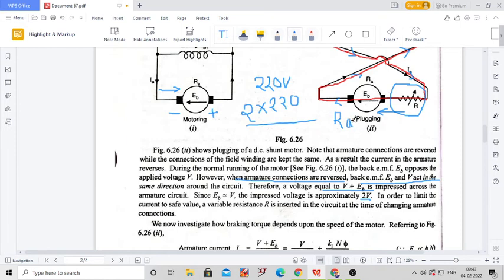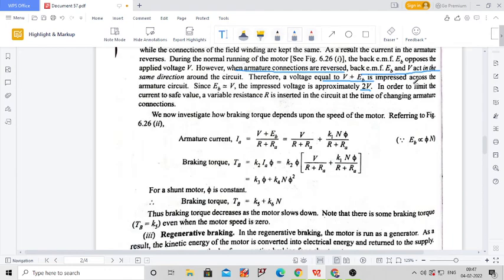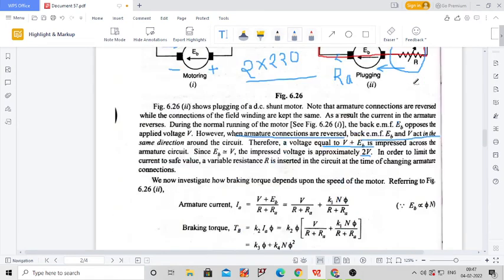Under this case, the armature will carry very high current, and to limit that current, it is necessary to connect a variable resistor R in series with armature. That resistor is generally termed as a braking resistor. So that is about the second method, that is plugging.